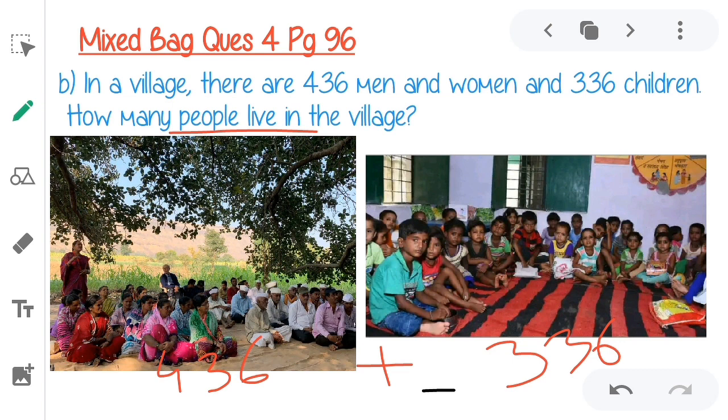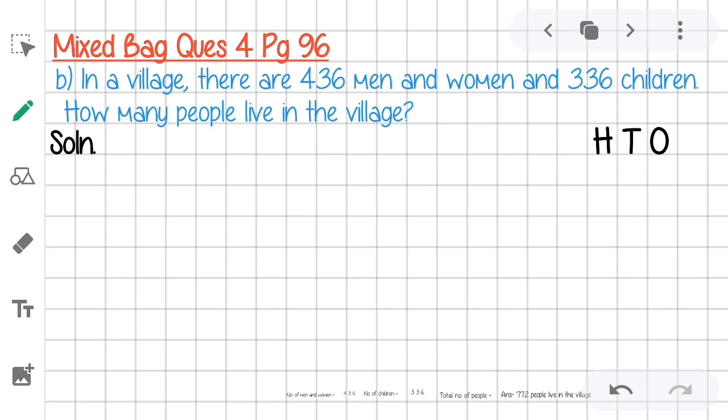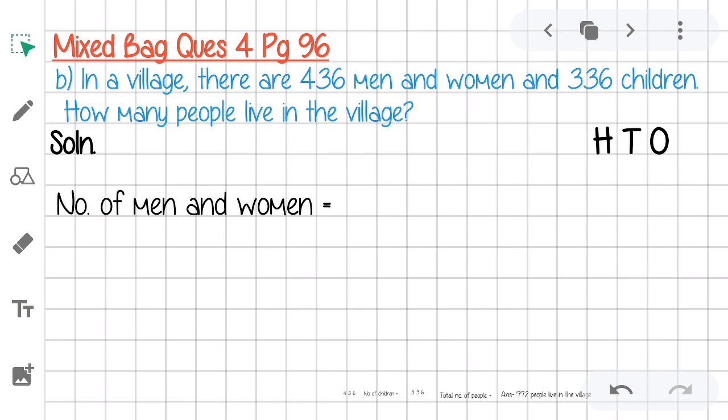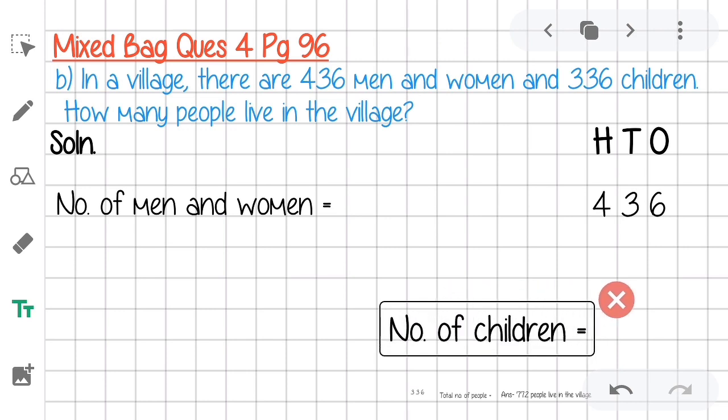Okay, so let us see how to write the steps for this. So the first step will be for 436. So it will be number of men and women. Okay, and there are 436 men and women. So that number we will write in the last 3 blocks below H, T and O column. Now the next step will be number of children.